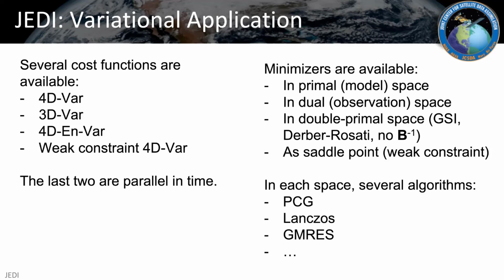I wouldn't recommend using the saddle point for other problems, and weak constraint is not really designed for that. And then there's several algorithms in each of these spaces. So there's a whole collection of things you can do there if you're interested. And it's all controlled from the YAML file just by changing this minimizer line. There's several preconditioners as well.